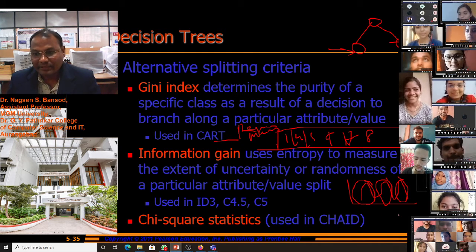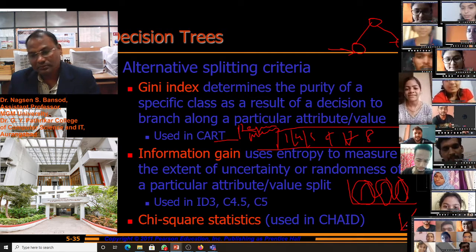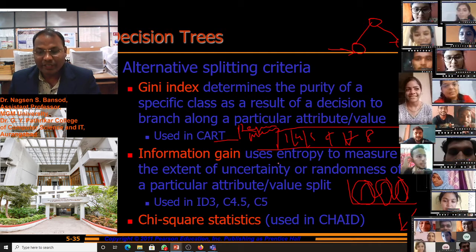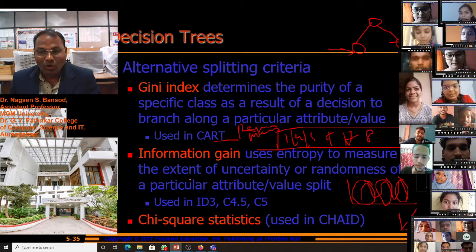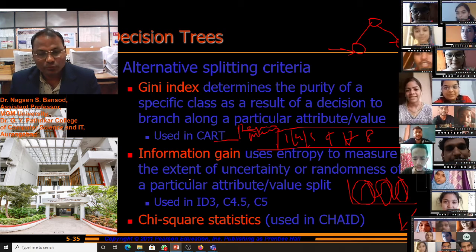And in regression we find like this: the information gain uses entropy to measure the extent of uncertainty or randomness of a particular attribute or value.